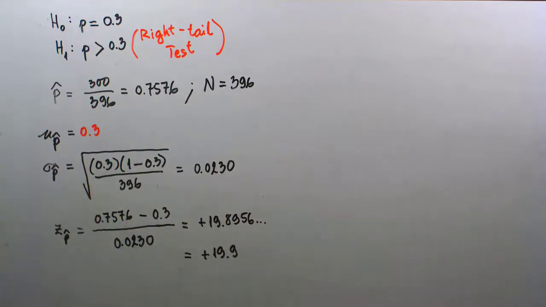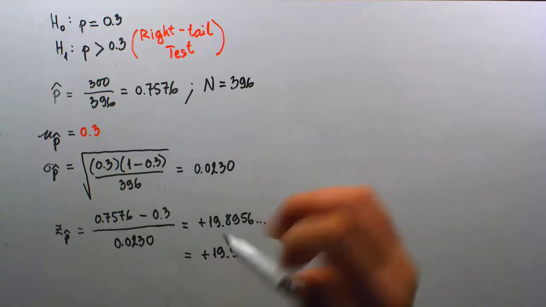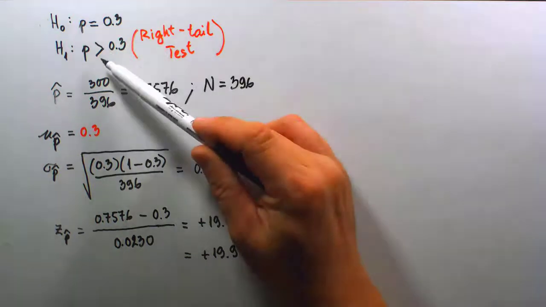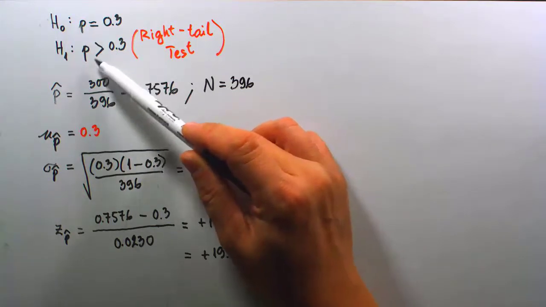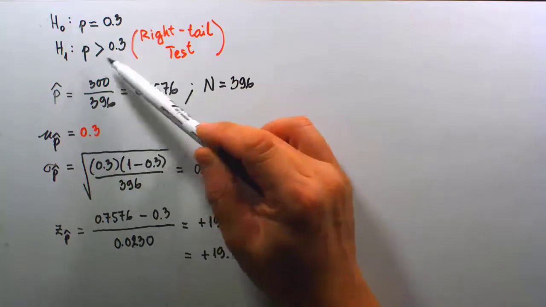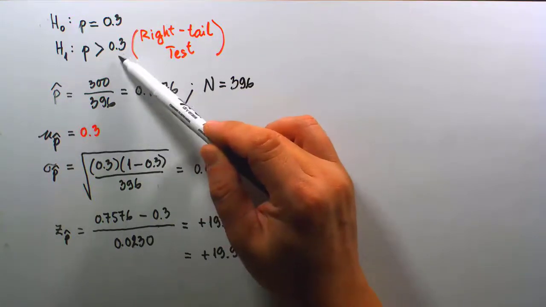Now at this point there's a checkpoint to check for consistency: our z-score is a positive z-score. This should be consistent with the fact that back in our alternative hypothesis, we were trying to prove that generally if we picked any sample proportion, it should be above this claim value 0.3.